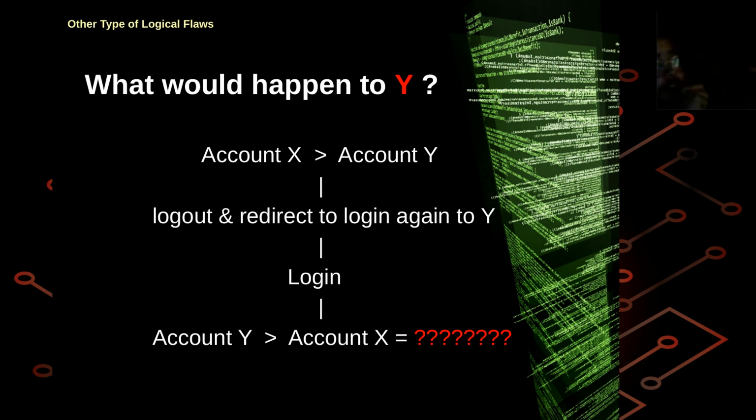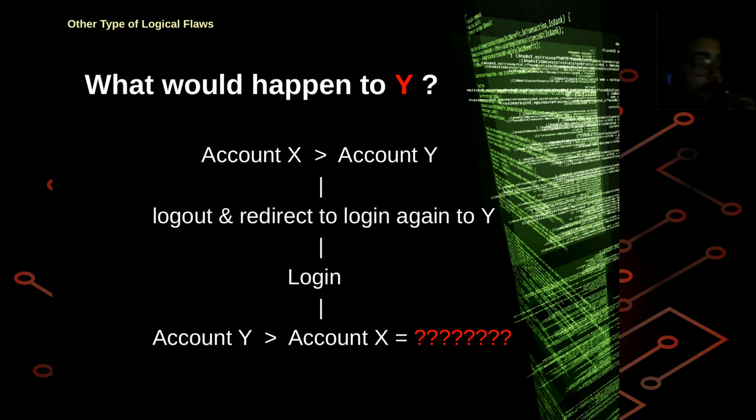It's like we are putting the X request, which is from account X, inside account Y. Then we send our request, and we find that Facebook logs out our account and redirects us to log in again to Y.